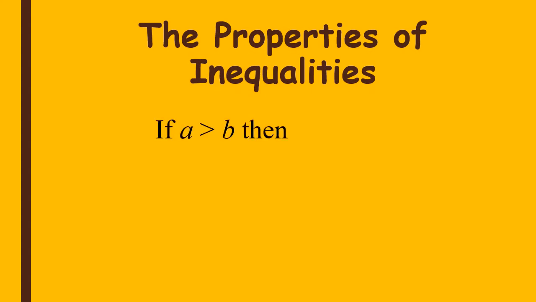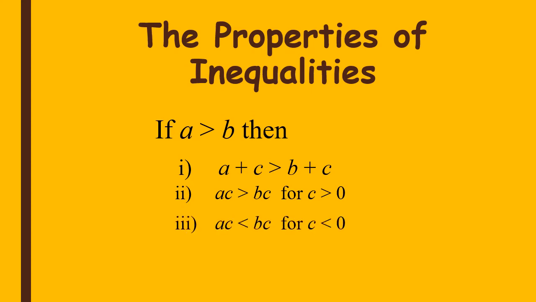The first one, in general, if A is more than B, means that the value of A is bigger than B, then we will have A plus C is bigger than B plus C. So the operation of summation will stay bigger because A is bigger than B. And A multiplied by C is bigger than B multiplied by C for C a positive value, but it will be A multiplied by C is less than B multiplied by C if C is less than 0, which is a negative value.